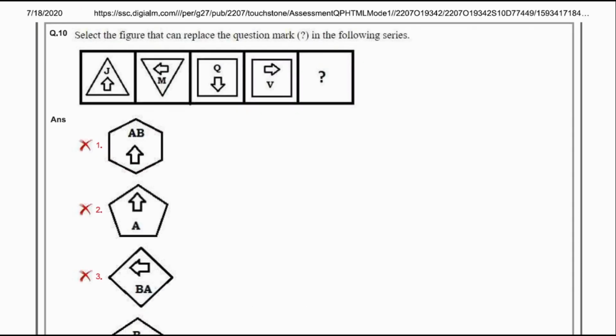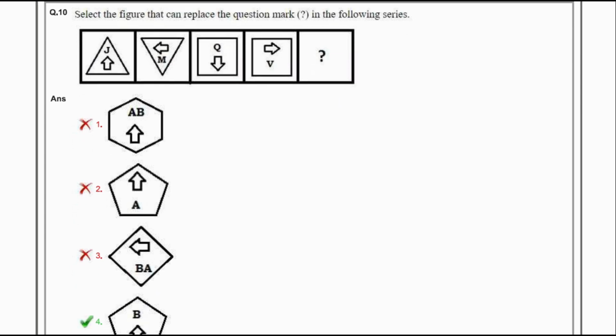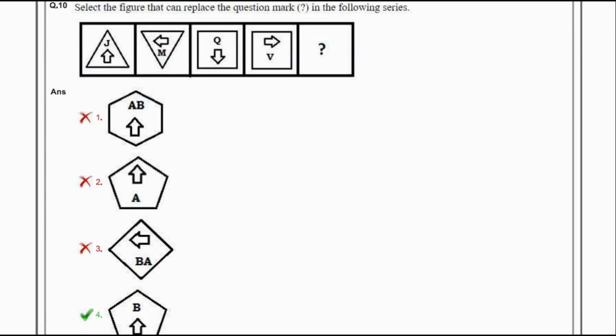Move to question 10. Select the figure that can replace the question mark in the following series. You notice JMQV. So the very first option is given AB, then A, BA and B. So you notice the question mark or the arrows were moving in anti-clockwise direction.